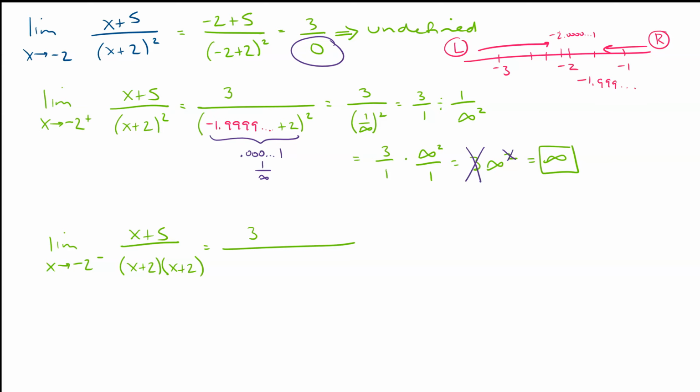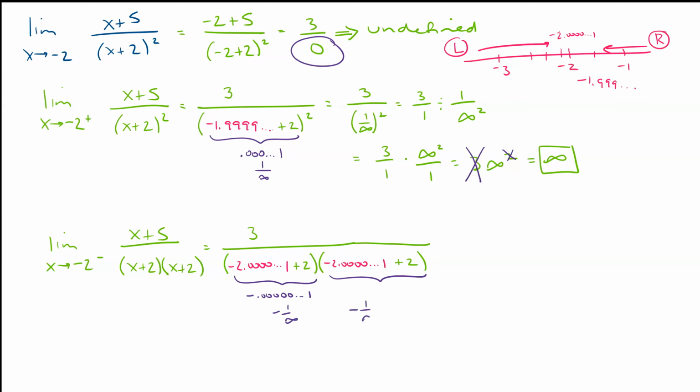So substituting that value in, and simplifying the terms on the bottom, negative 2.00001 plus 2 gives us negative 0.0000001. That's a really small negative number, a number like negative 1 over infinity.